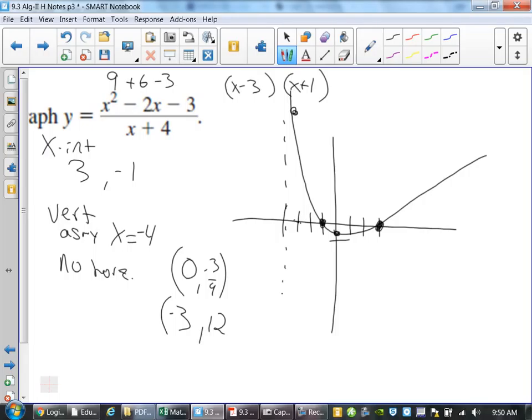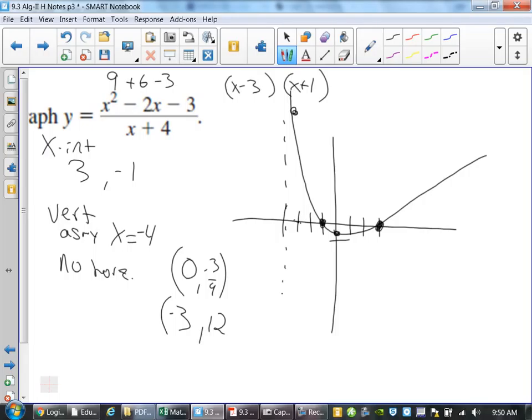What do you notice? There's 1 degree more on the numerator. I go from a squared term to a linear term on the bottom. When that occurs, this is the situation that will occur when you have what's called a slant asymptote.